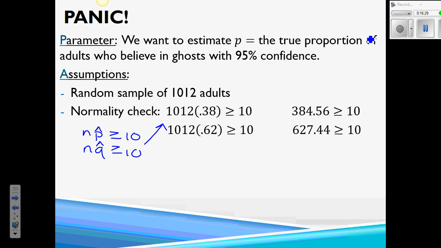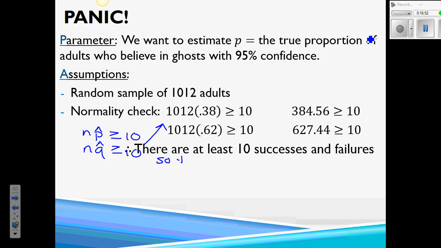Do you think it's true that we have at least 10 successes and 10 failures? So what can we say? It is very vague. Let's amend it. The sampling distribution of what? The sampling distribution of p hat is approximately normal, right? Or that there are at least 10 successes and failures, so the sampling distribution is approximately normal.